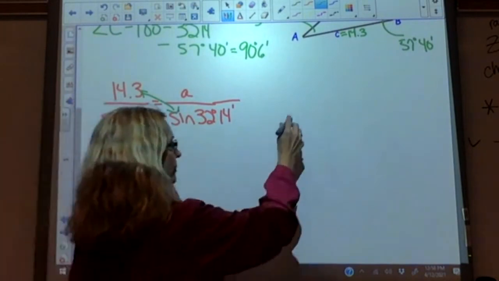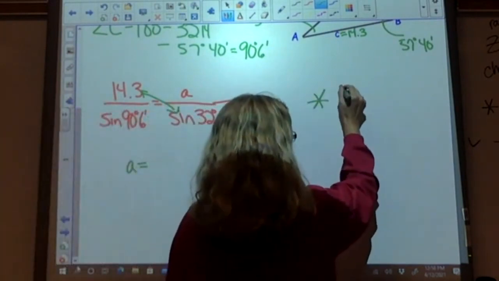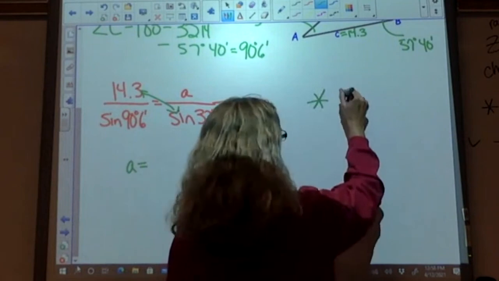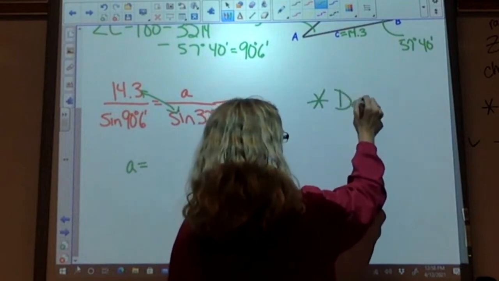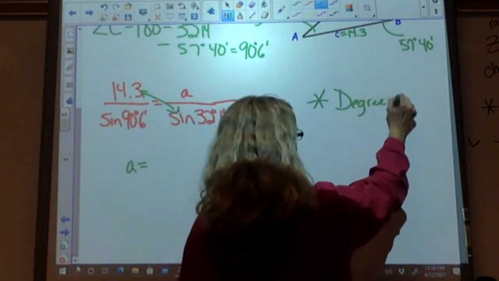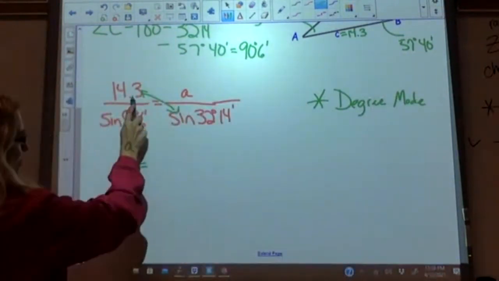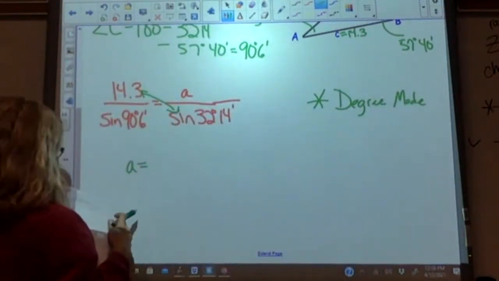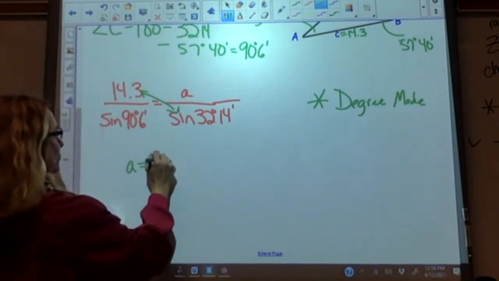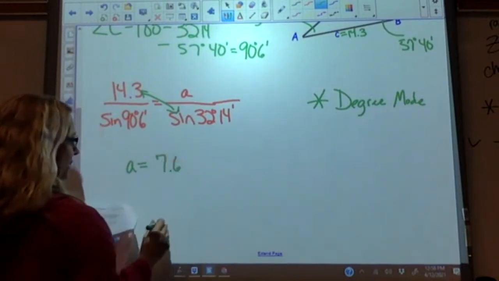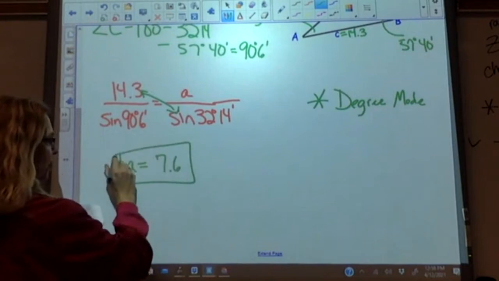Be sure that you are in degree mode. Everything we do in this chapter is going to be in degree mode. You cross multiply, divide, and you should get a equals 7.6 when you round to the nearest tenth.